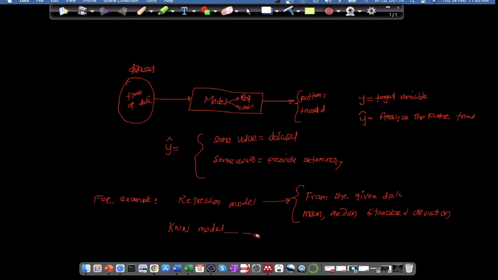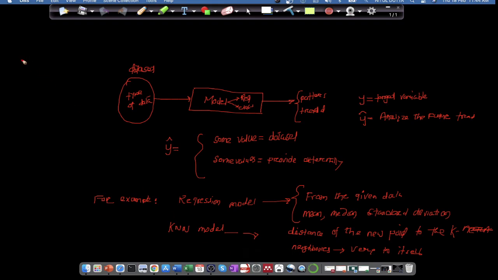In this model, what it will do is compute the distance of the new data point to the k nearest points, or k neighbors, which are very close to itself.